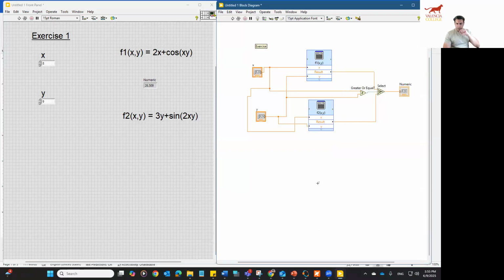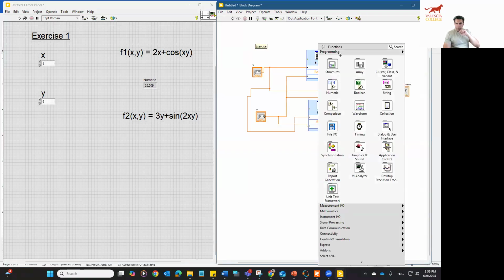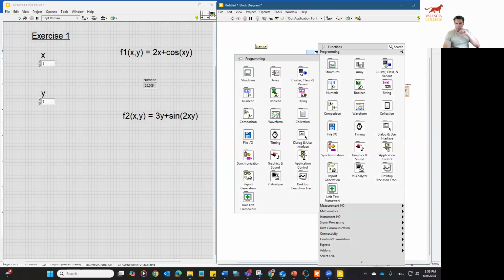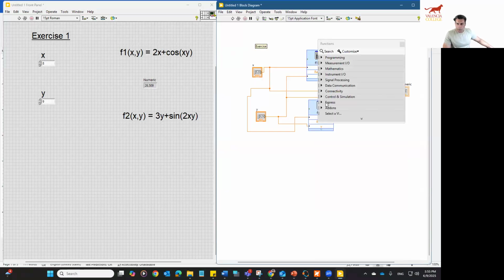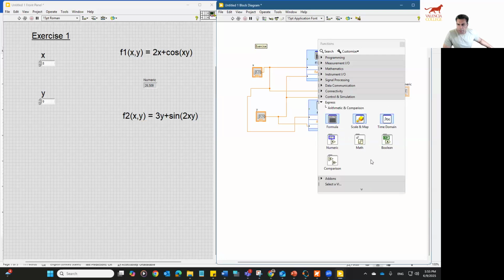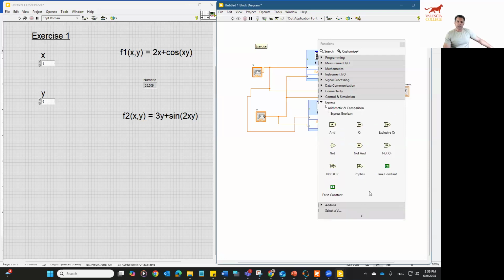And likewise, if you go to the arithmetic, comparison and Boolean library, all these Boolean functions are here.